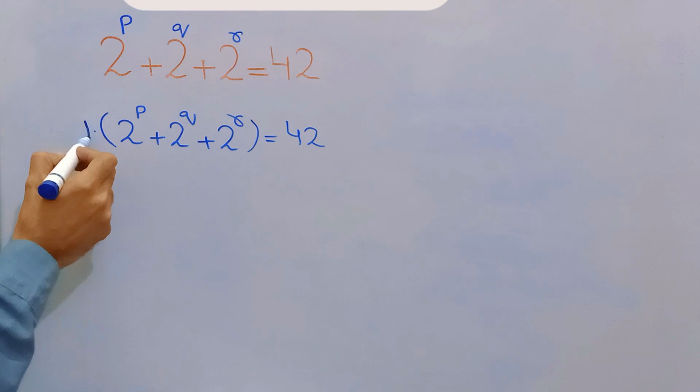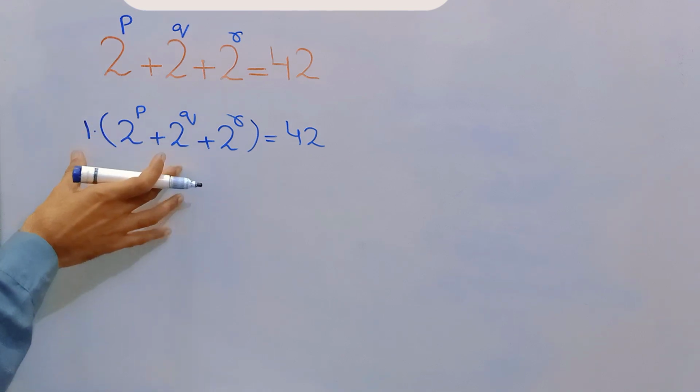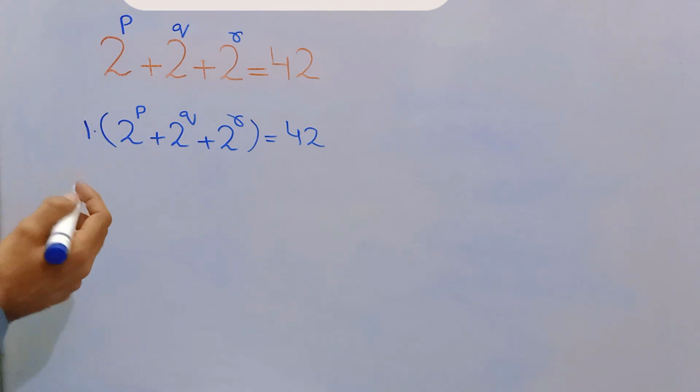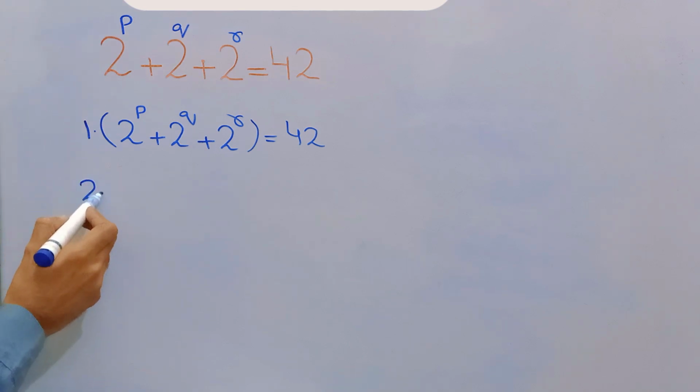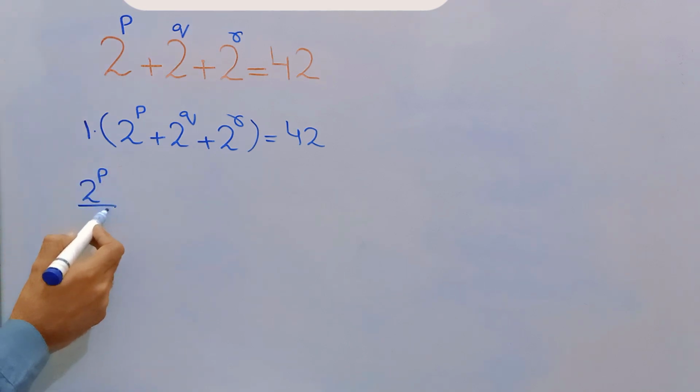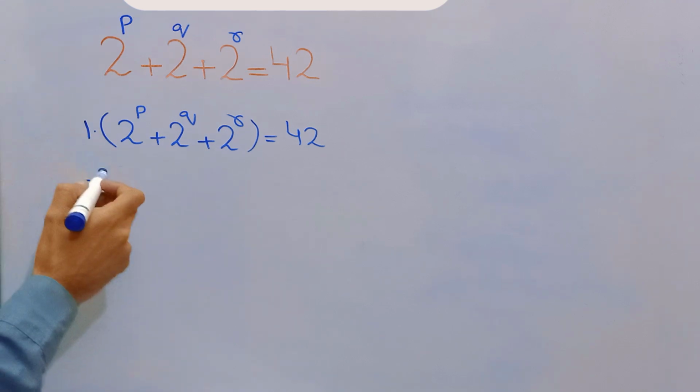Then multiply by 1, that is no problem. 1 we can write as 2^p divided by 2^p, that is equal to 1.